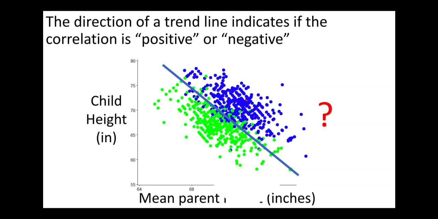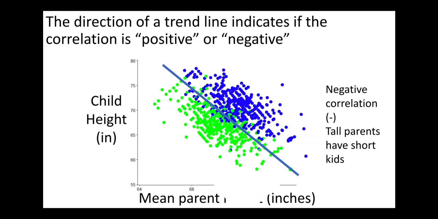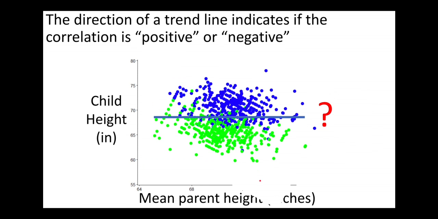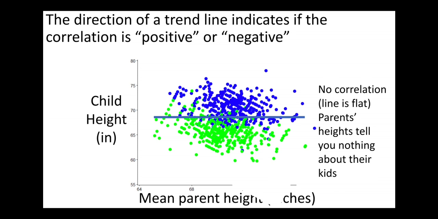For a negative slope, I had to contort the data purposely because it's not an actual negative correlation, but a downward sloping line would mean a negative correlation. This would mean that the biology was completely different, that tall parents would have short kids. If a line is flat, that means there's no correlation, no consistent relationship between the data.